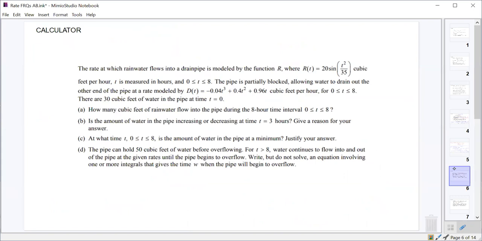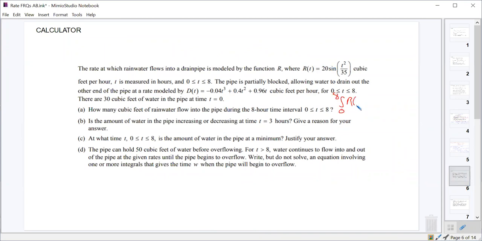All right. We've got rainwater flowing into a drain pipe. The pipe is partially blocked, and water drains out the other end at a certain rate. We want to know how many cubic feet of rainwater flow into the pipe during the first 8-hour time interval. The amount that flows in is just the integral of the rate at which it flows in.